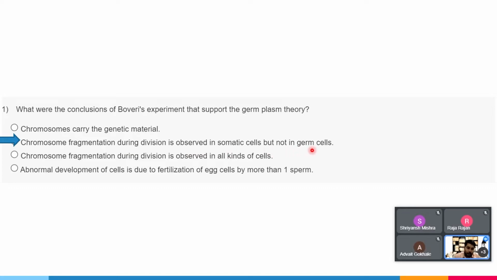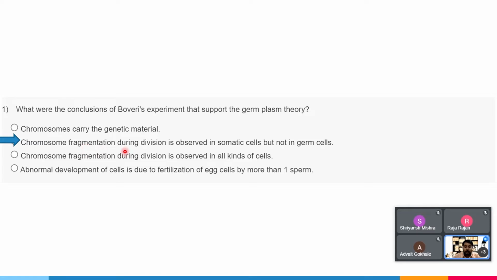So, germplasm theory tells us that germline cells carry the information and they carry the entire information, whereas somatic cells only get whatever information they need in order to form the somatic lineages. And thus, Boveri's experiments, which also show that the chromosomes inherited by various somatic daughter cells are actually smaller than the germline chromatin, support the germplasm theory.